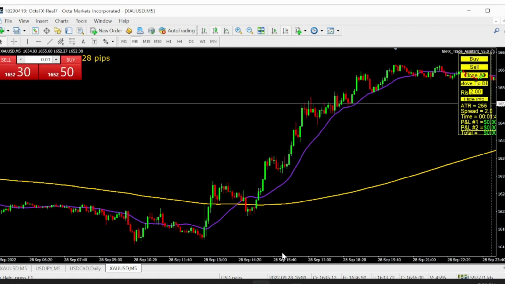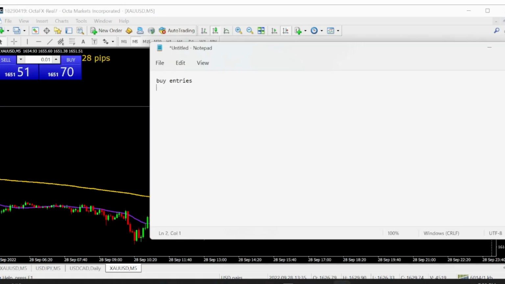First of all, we've got to set some rules to understand this strategy. So rule number 1, your 20 period moving average must be inclined. Rule number 2, the 20 period moving average must be above the 200 period moving average.